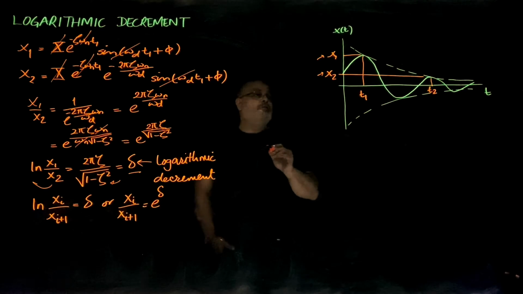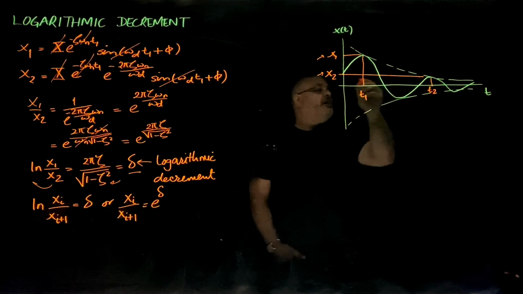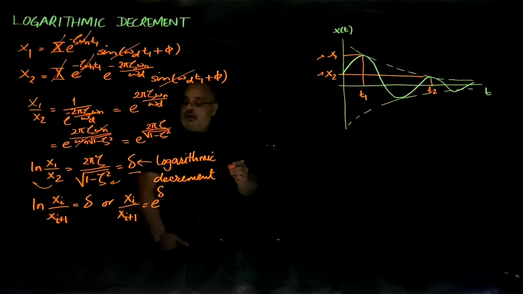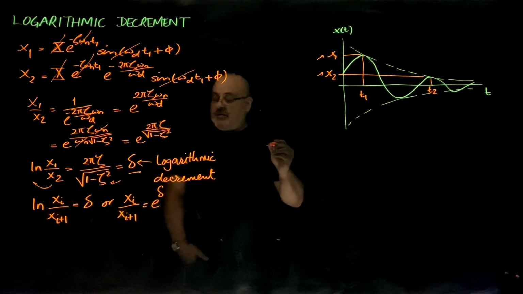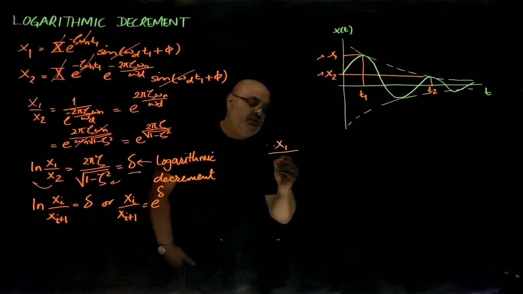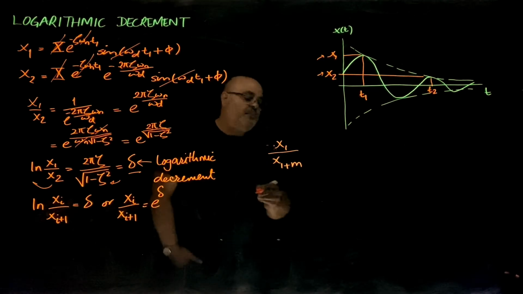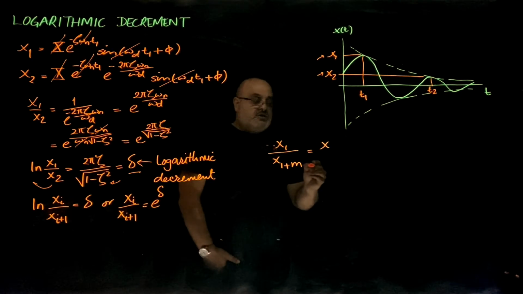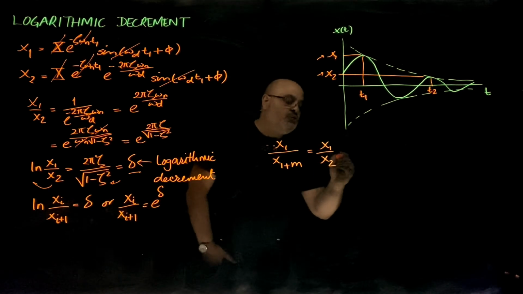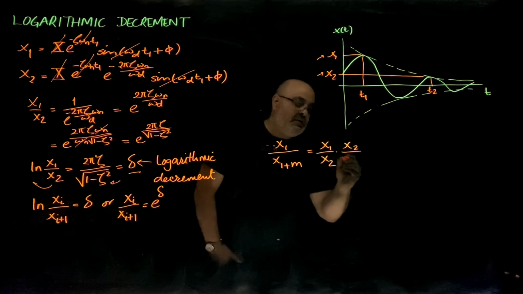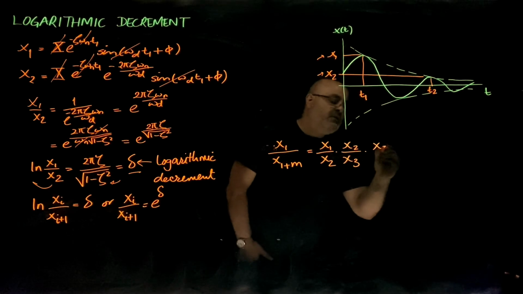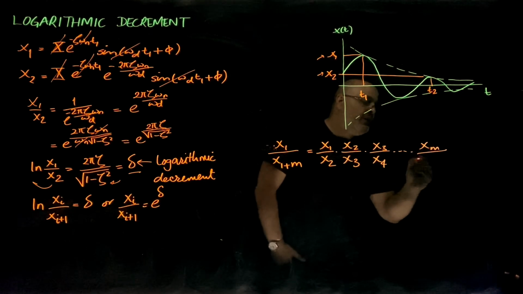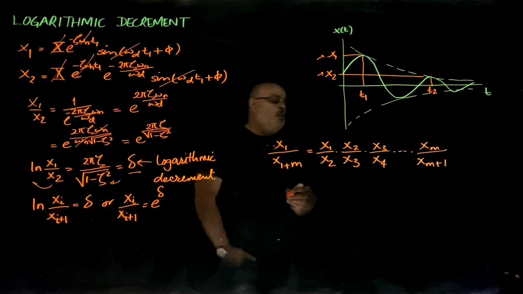So instead of taking x1 and x2, I might want to take x1 and x5, for example. So if I use x1 and x1 plus m, I can expand this as a series of fractions: x1 divided by x2 times x2 divided by x3, x3 divided by x4, and so on until xm divided by xm plus 1.